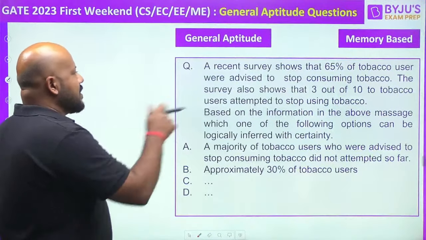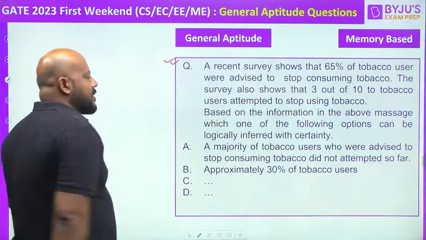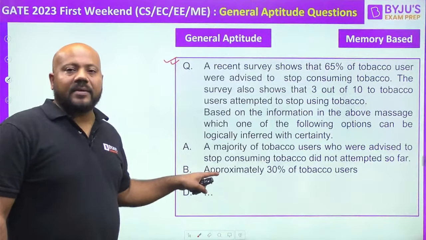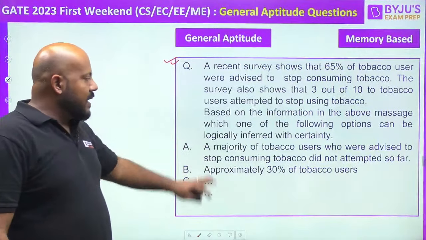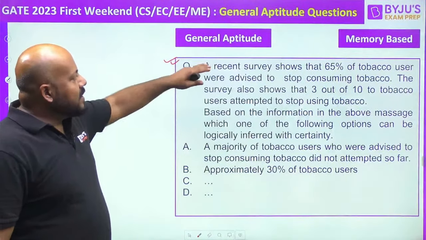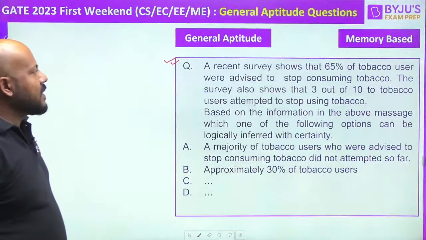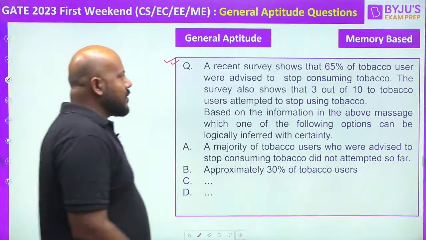Okay, this tobacco question. At least these 2 statements I can examine in front of you. The rest you will get the idea. A recent survey shows that 65% of the tobacco users were advised to stop consuming tobacco.